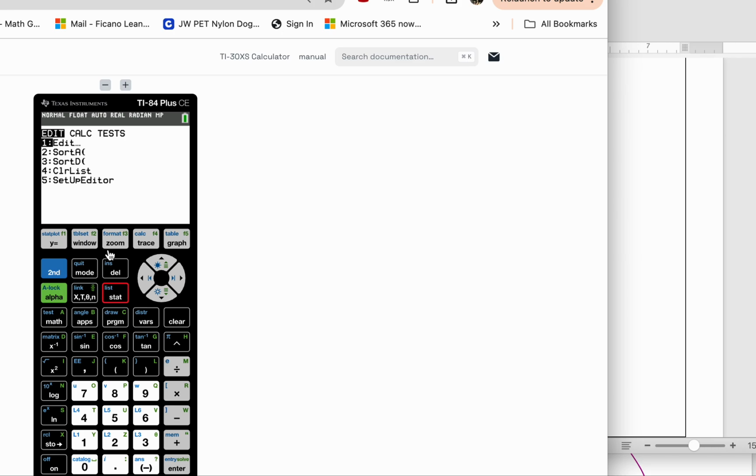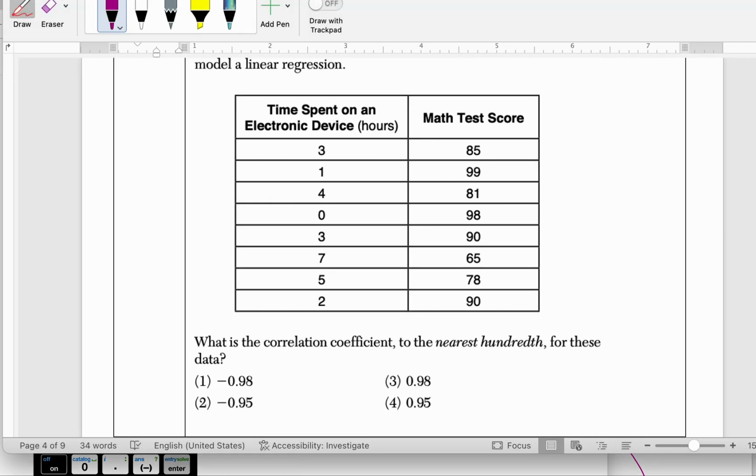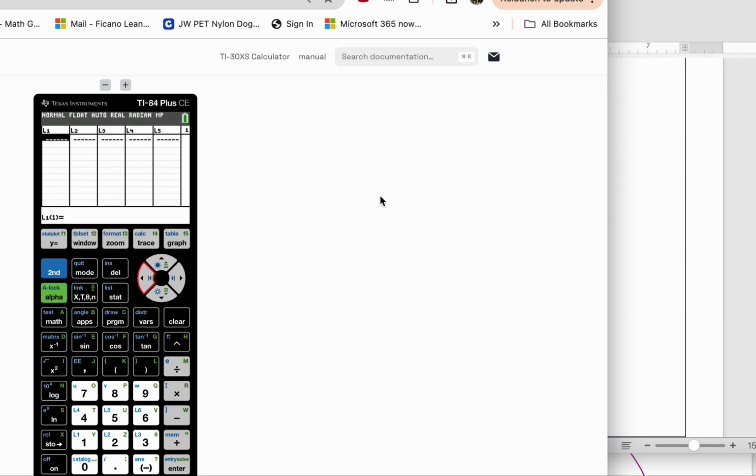So I'm going to go to stat edit and I am going to clear line 1 and clear line 2. Now, line 1, I have 3.